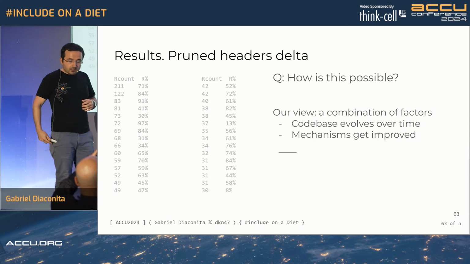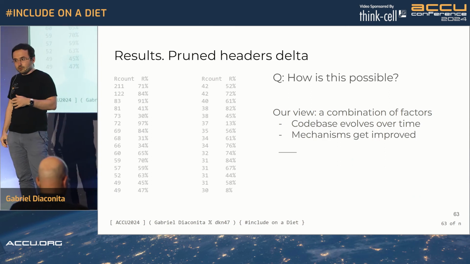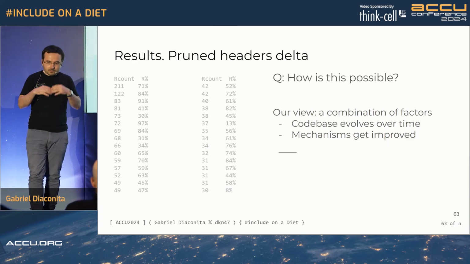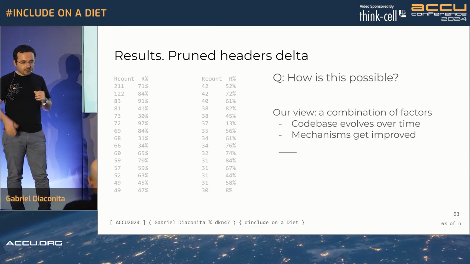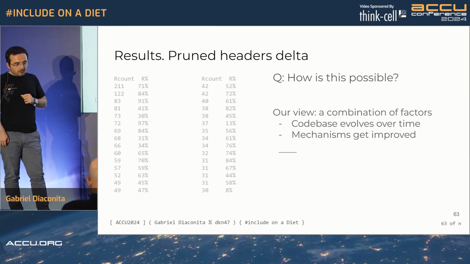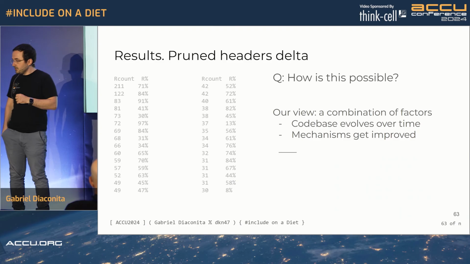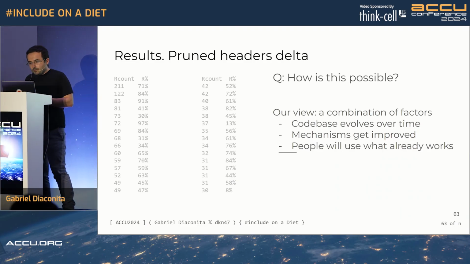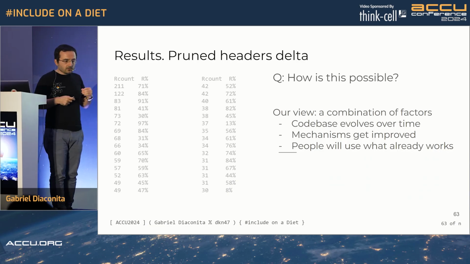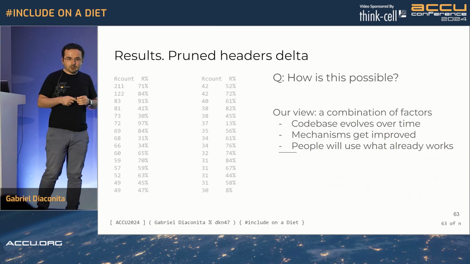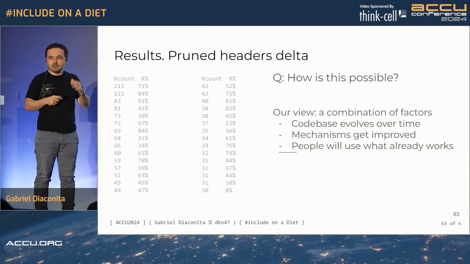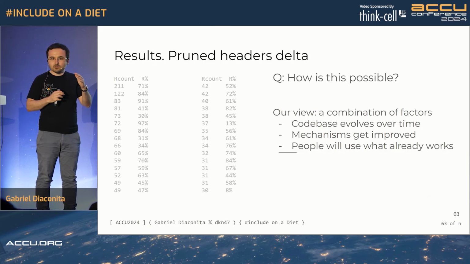And sometimes the architecture of a product inside the code gets improved. Things get reworked, refactored in a major way. But when things get changed, most of the time people will use what already works.